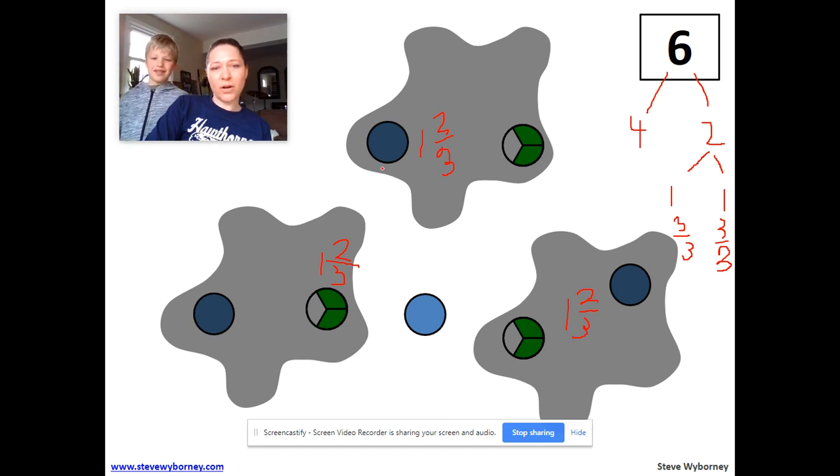I'm looking at these whole ones. 1, 2, 3, 4. There's the 4 that we were talking about. And then there's these fractions, 2/3, 2/3, and 2/3. Does that equal the 2? How can you tell? Because if you add 2/3 and 2/3 and 2/3, if you add one more third to one of those thirds, it would equal 1 whole.